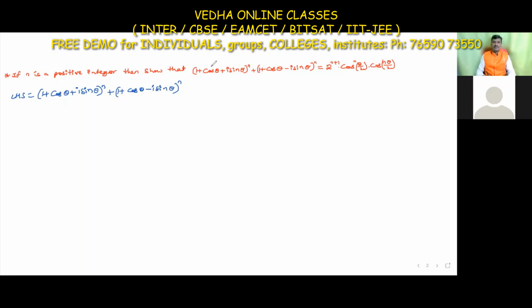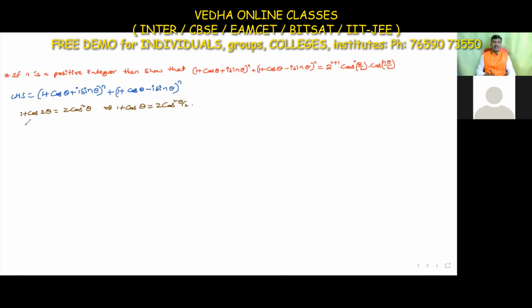So here we are going to use the formula. What is the formula? 1 plus cos 2 theta is 2 cos square theta. From this we can write for the half angle: 1 plus cos theta is equal to 2 cos square theta by 2.